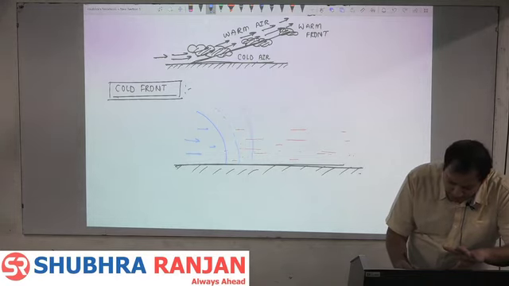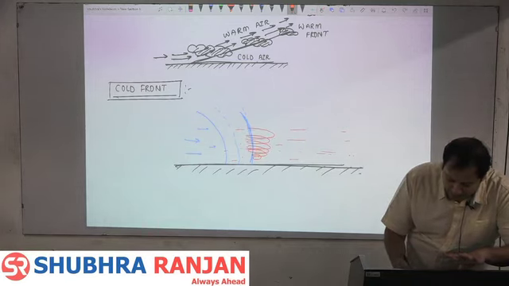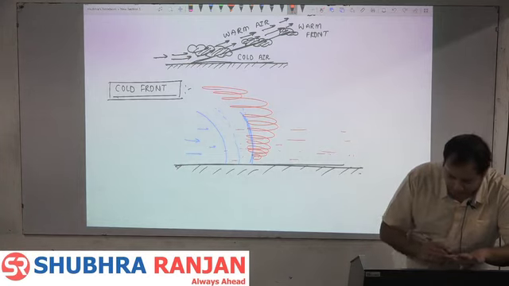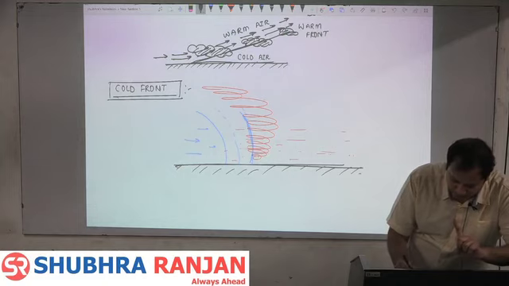So at the point where the warm and the cold air are meeting, maybe at this point, what will happen? The warm air will be abruptly uplifted by the cold air upwards. And as a result of this abrupt vertical uplift, don't draw this diagram, there will be formation of cumulonimbus cloud in the sky.